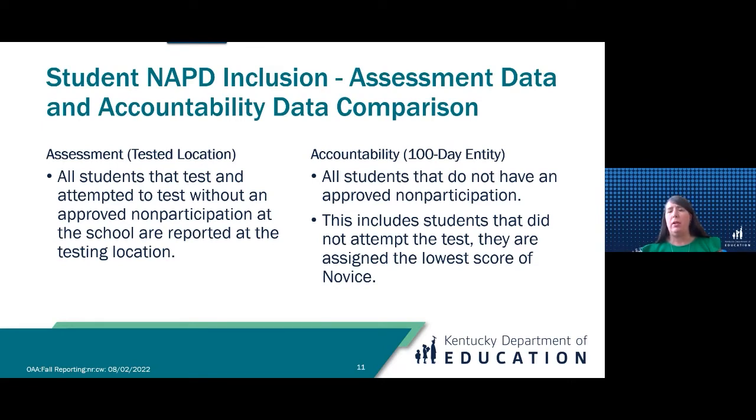They are assigned the lowest score of novice for reporting purposes. So I just wanted to go over that particular piece of it. Remember that those cuts and that data will come later in the process.